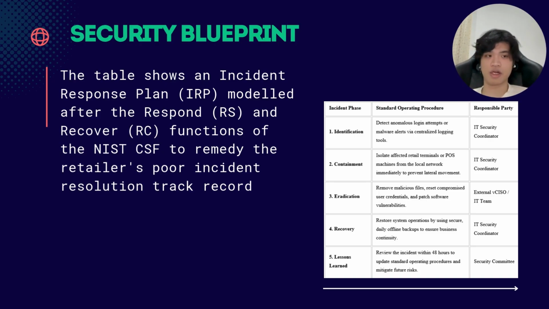And then we'll proceed to eradication, where we remove the threat and patch the vulnerability. We also have recovery to restore clean retail operations using offline backups after the eradication process. And then we have a review as well to know what lessons we have learned from this attack. So we need 48 hours to update security policies.